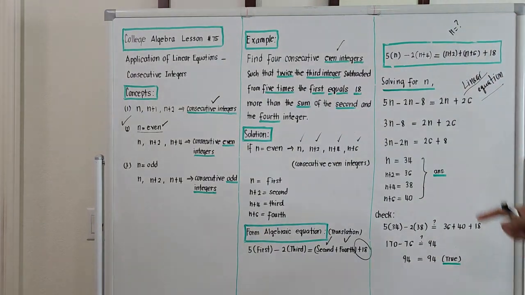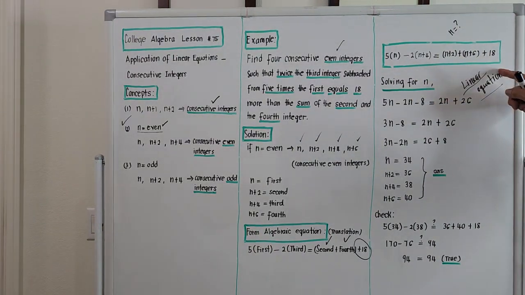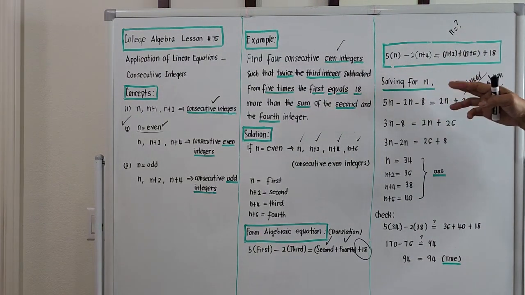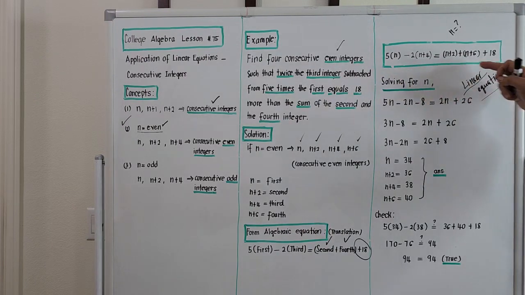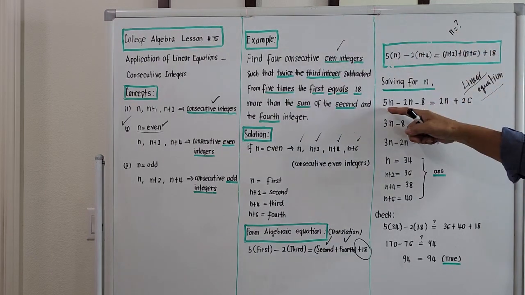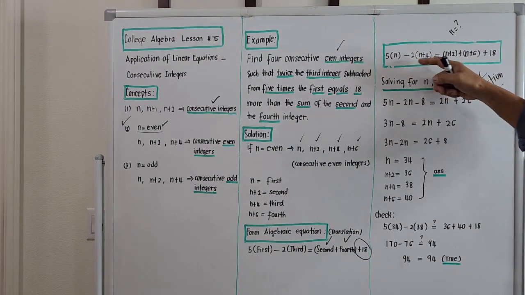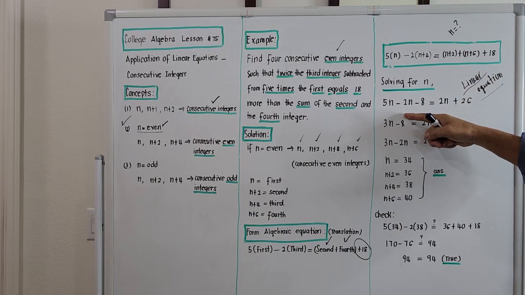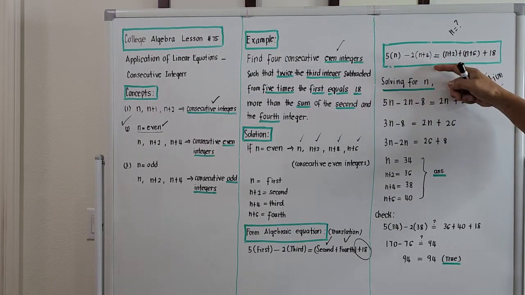Right? So if this is correct, solving for n now, we will be using our knowledge of the so-called fundamental operations. Okay, expand, multiply. 5 times n will be 5n. We use the distributive law here: minus 2n minus 8 equal to.